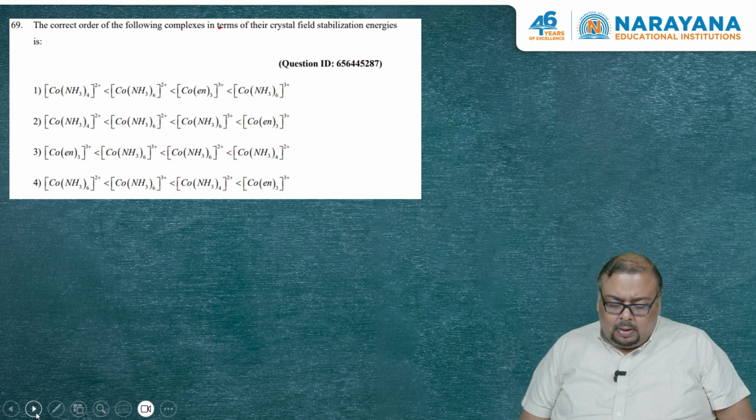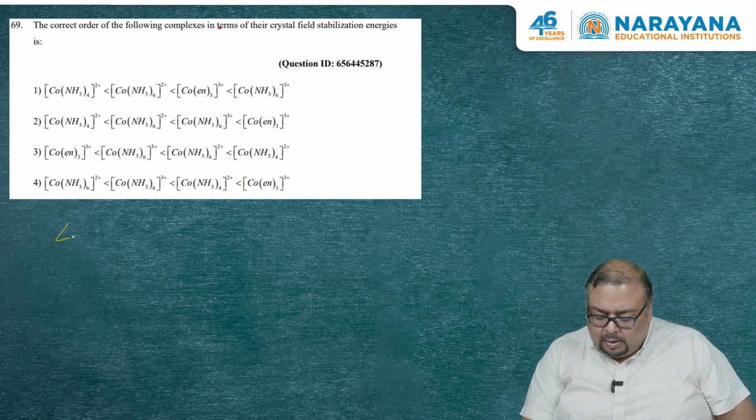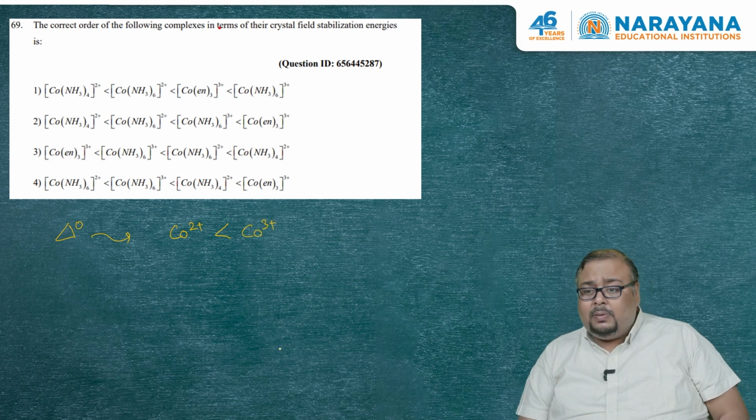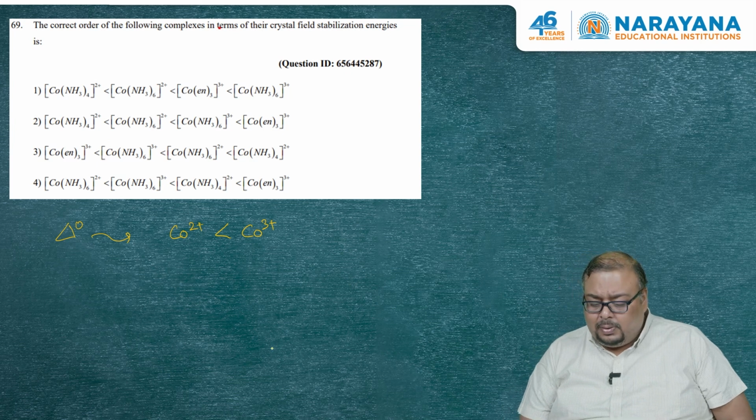The correct order of complexes in terms of the crystal field stabilization energies. Now when you are talking about the delta naught values, remember that higher oxidation state of a metal will have more delta naught values. So Co3+ complexes will have higher delta naught values than Co2+ complex.